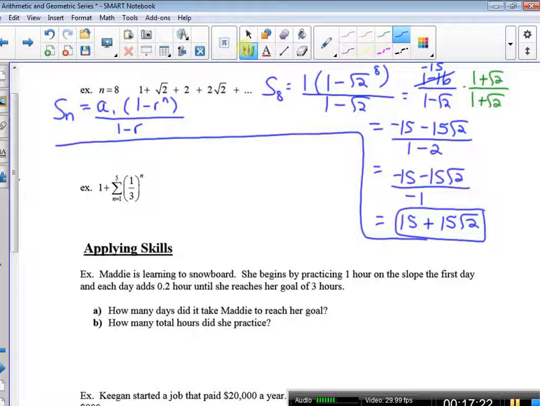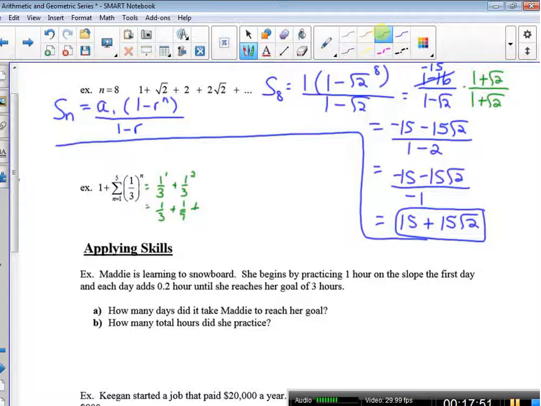For the next one, you could use the formula, but you might want to write out some of the terms. So you can write out some of the terms. If I put in 1 over 3 to the first plus 1 over 3 to the second, I'm getting 1 over 3 plus 1 over 9 plus, and I'm going to do that for 5 terms.